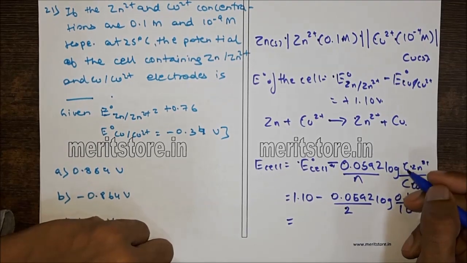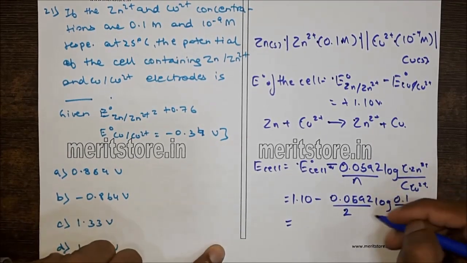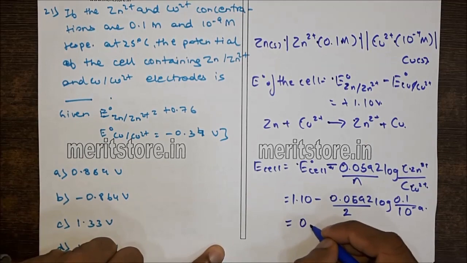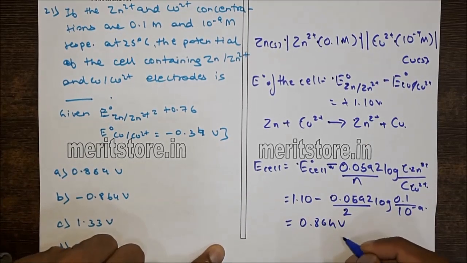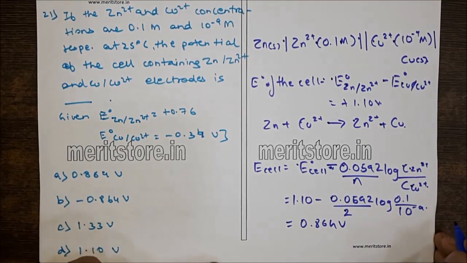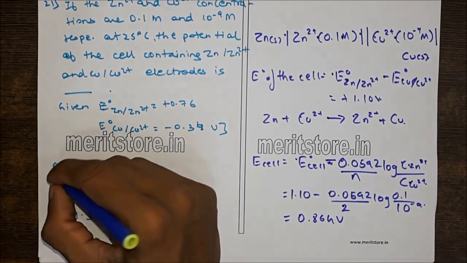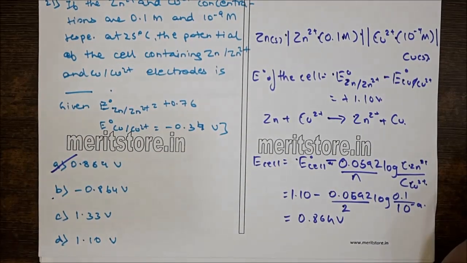We substitute all the values, solve this, and we get 0.864 volt, which matches option A. Option A is the correct answer.